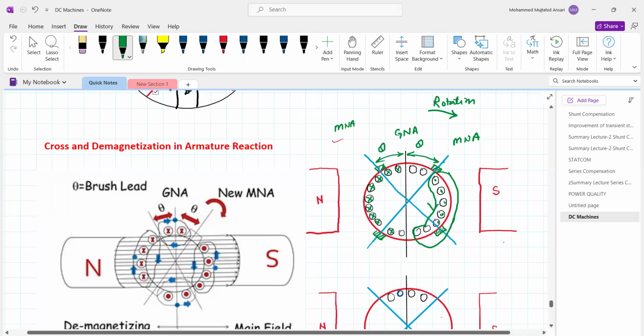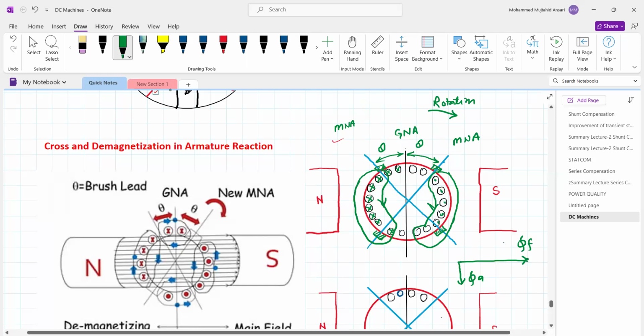These are the conductors producing magnetic flux in the downward direction, and hence this is the main magnetic flux, phi F, and this is the direction of magnetic flux phi A, as already discussed in the previous section.